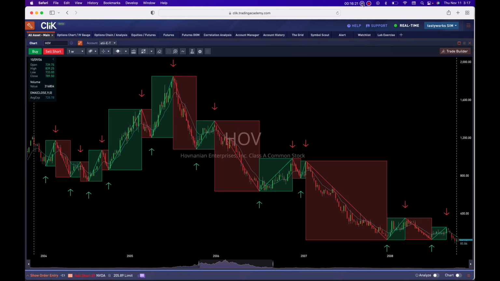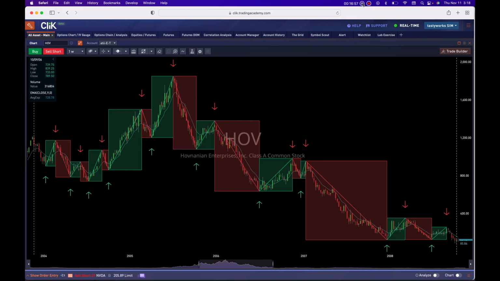You should also notice when price is moving up, the green boxes will be taller, and when price is moving down, the red boxes will be taller. If price is moving across, then the green boxes and the red boxes tend to be similar in height and size. At any rate, that will conclude this particular lab.